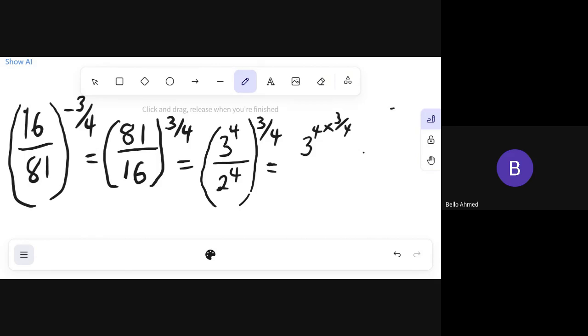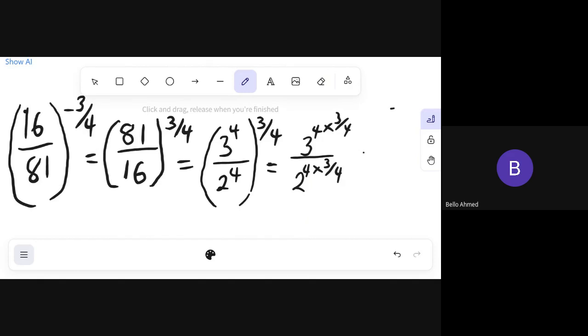Then divided by, you can see we have a denominator here. It's also going to be 2 raised to the power of 4 times the power outside. So the power that is outside applies to the numerator and also to the denominator, times 3 over 4.